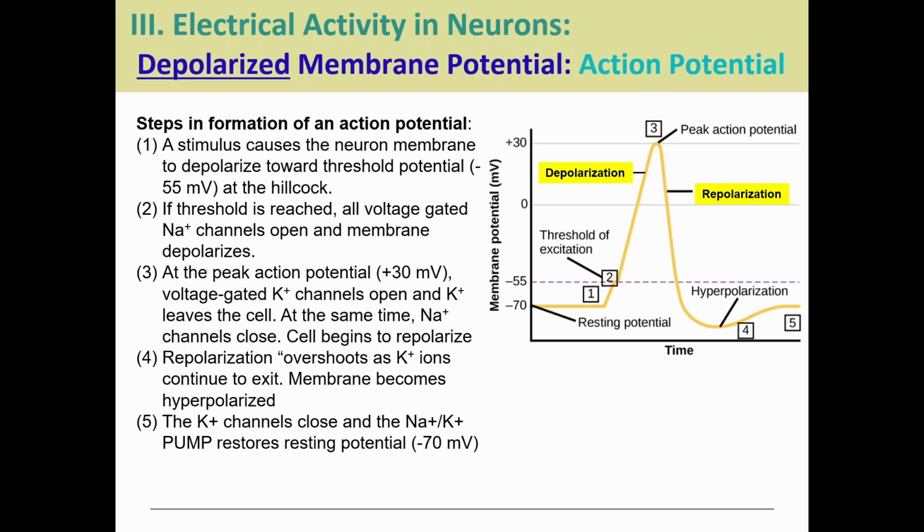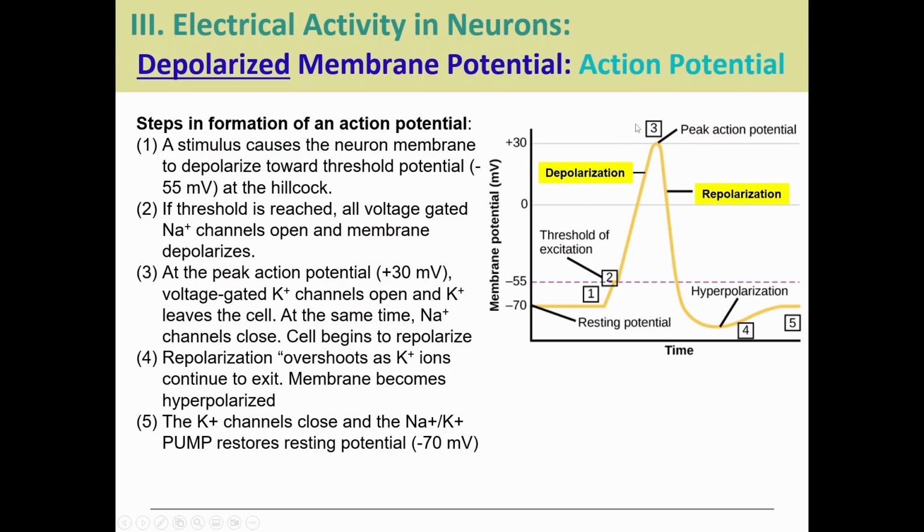Now we're going from negative 55 and continuing upward all the way up to like a plus 30, plus 35, because we've allowed so many positively charged sodium ions in. We've gone from a negative 70, we met our negative 55 threshold with the graded potentials, boom, up to positive 30 millivolts.